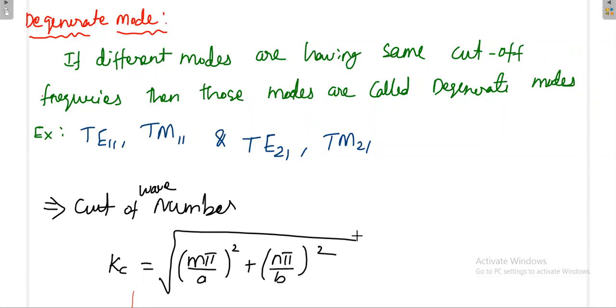Then next we will see what is phase velocity and what is group velocity. First one is phase velocity. Phase velocity is the velocity at which the phase is getting changed. It is not about the signal, but it is about the phase of the signal.